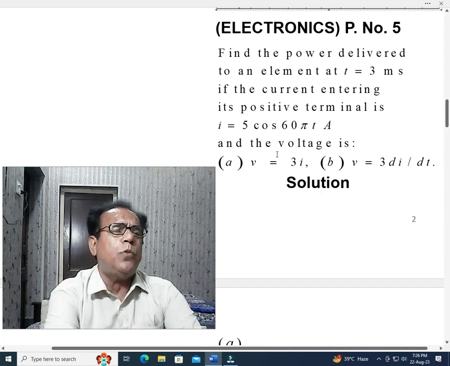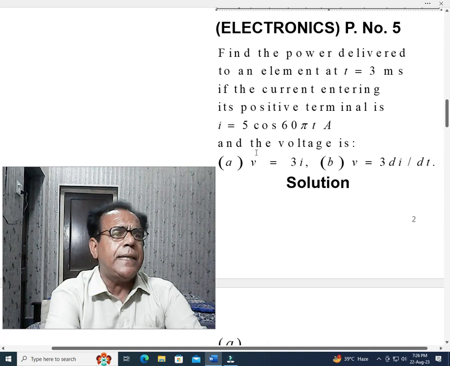So we will use these conditions. When v is equal to 3i, i will be multiplied with 3, and in part B, i multiplied by 3 will be differentiated with respect to t.